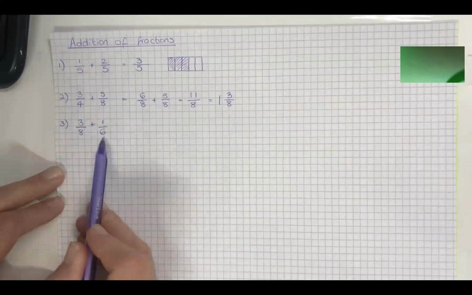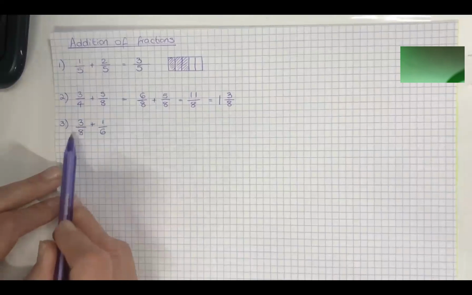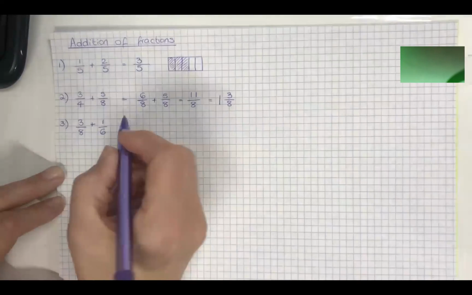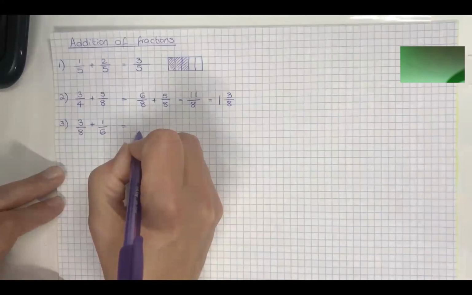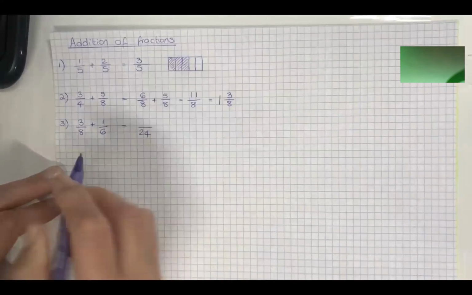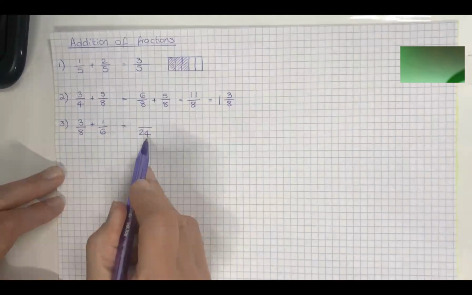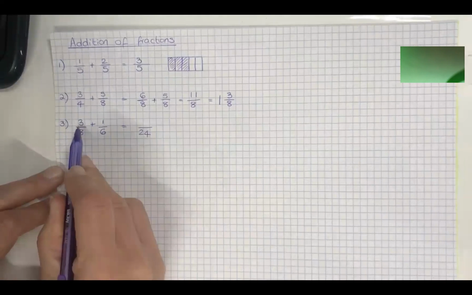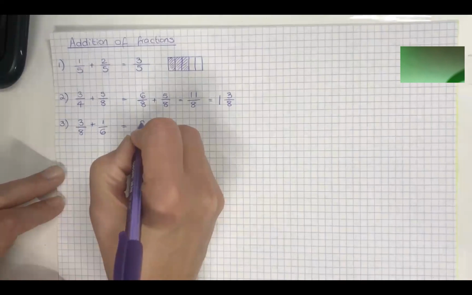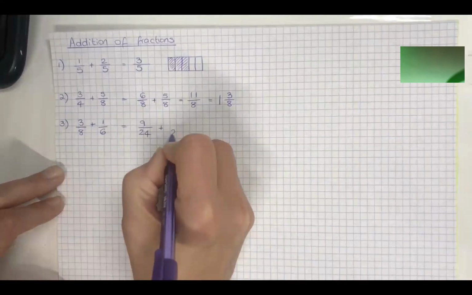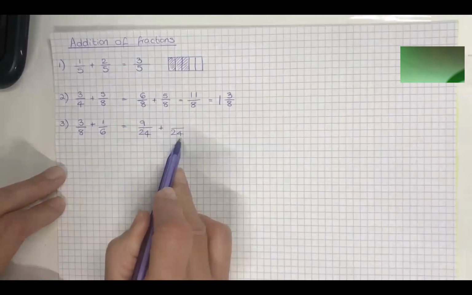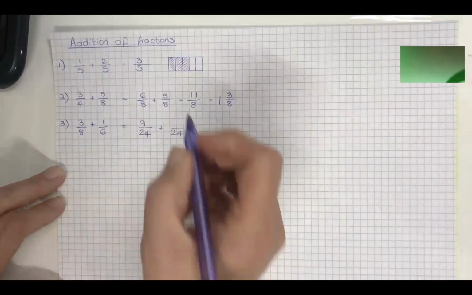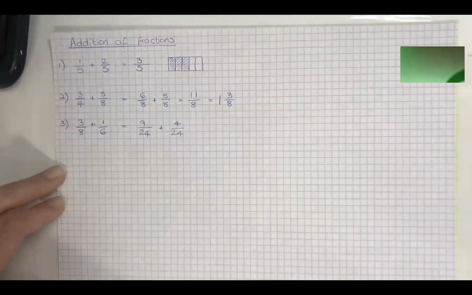So I would look at the multiples of 6 and the multiples of 8 to see the smallest number that is a multiple of both, and I would get 24. 8 multiplied by 3 gives me 24, so 3 multiplied by 3 gives me 9. 6 multiplied by 4 gives me 24, and 1 multiplied by 4 gives me 4.